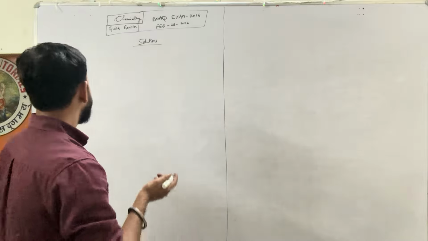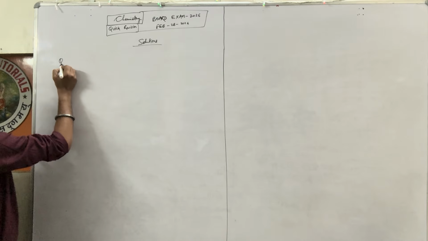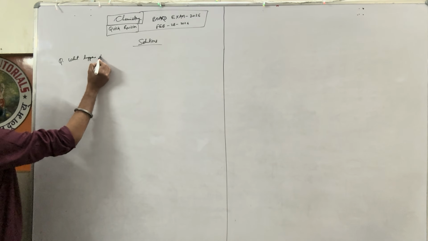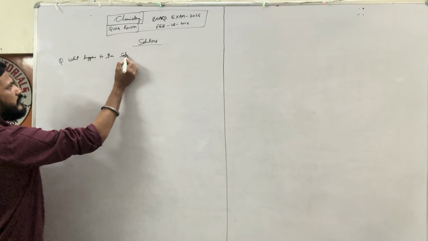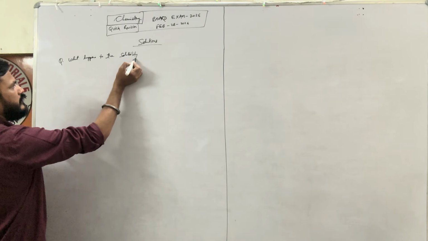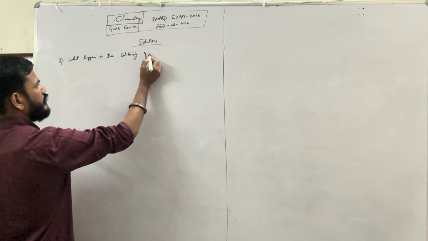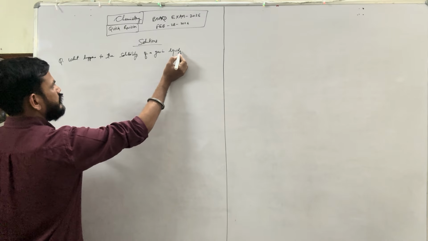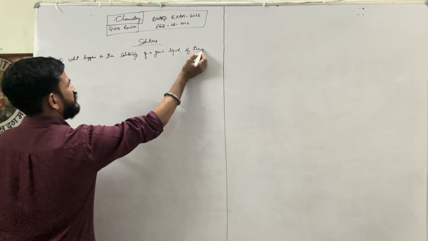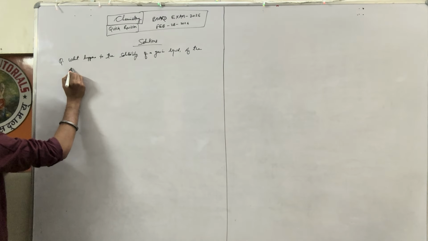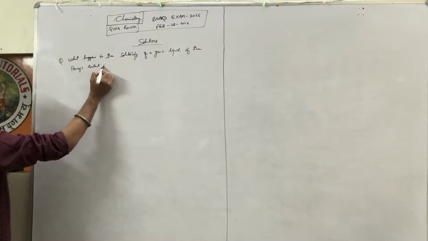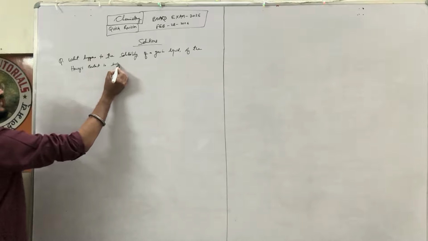Now a question that can be asked in a CBSE exam is, what happens if Henry's constant is increased? So you see, the question: what happens to the solubility of a gas in liquid if the Henry's constant is increased or decreased?